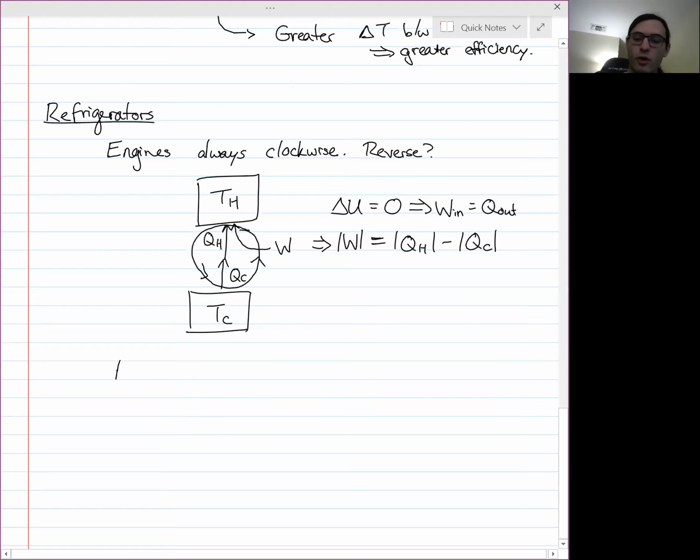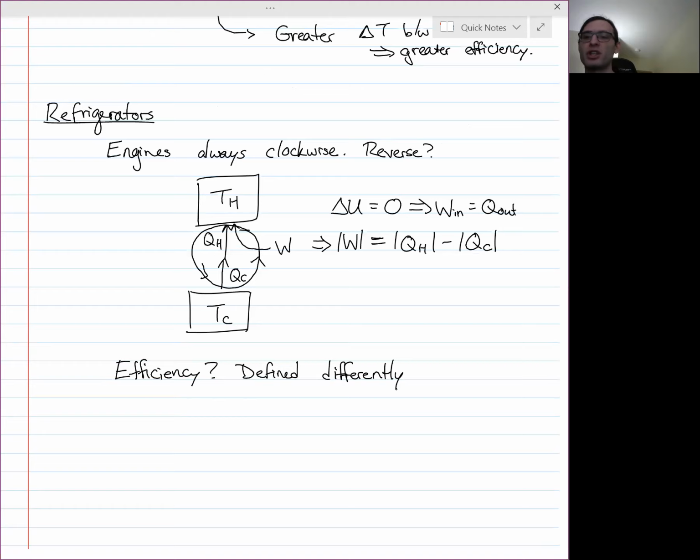Now, the efficiency for a refrigerator is defined differently. The reason it's defined differently is that there's something distinct between work and heat. Heat is a type of energy transfer that's random, i.e. there's not a whole lot that you can do with it.